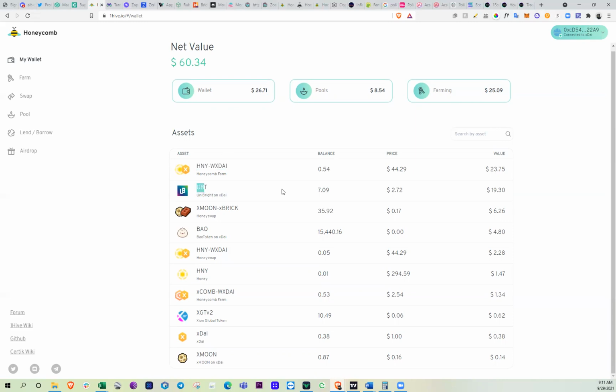Got some Unibright on this side as well. And again, you see how it says Unibright on XDAI. It's the same Unibright project, but the developers tend to put it on different blockchains so different people can use it how they see fit. And so you have all these different tokens here.